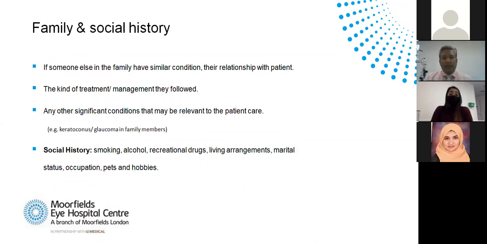Now, family and social history. Why is the family and social history important? As I mentioned already, there are a few conditions which are seen in the family. For example, color blindness can be seen in the family, or retinitis pigmentosa can be seen in the family. There are multiple similar conditions which are very common in families.